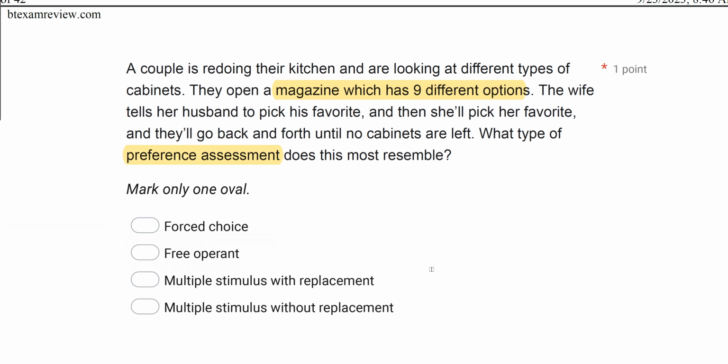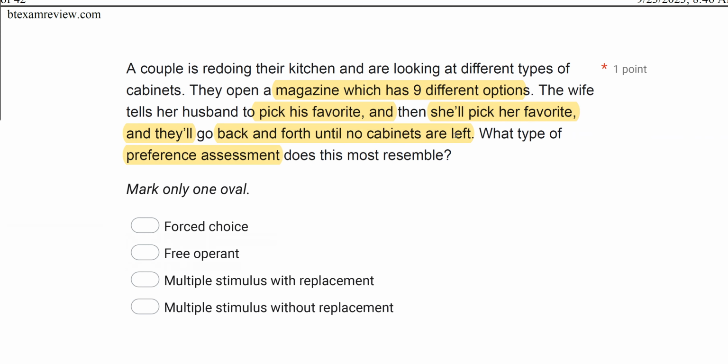Now, with replacement or without. Multiple stimulus with replacement means whatever item is chosen in the array is put back and the other items are replaced. In this case, with 9 options, you would pick one item and replace the other 8. So in this case, the wife tells her husband to pick his favorite, and then she'll pick her favorite, and they go back and forth until no cabinets are left.